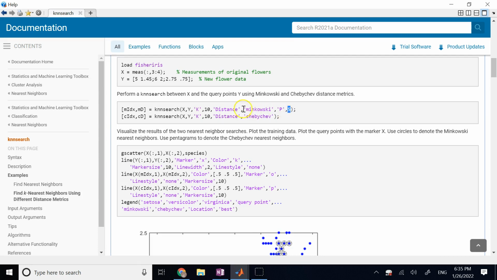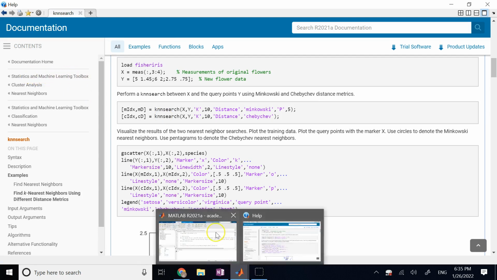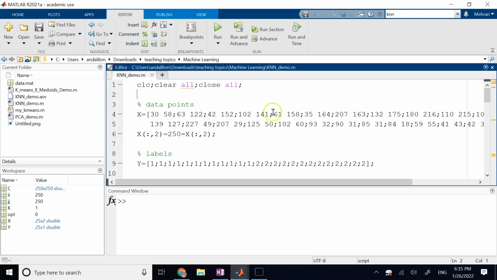If you don't provide a function for the distance, it uses Euclidean distance, or the 2 norm, basically. And if you don't provide a K, it will probably consider some default K. But you have the option to use the MATLAB function knnsearch, which is under the Statistics and Machine Learning Toolbox, or you can write your own code. So here I did it.